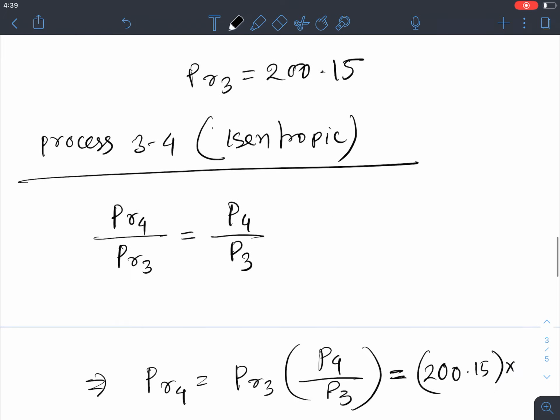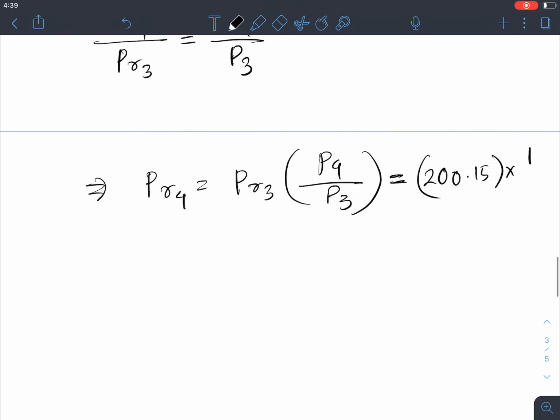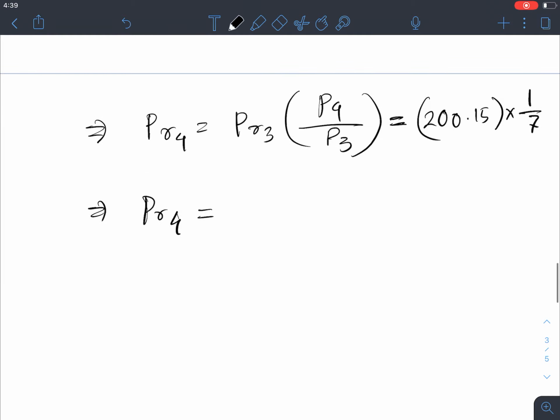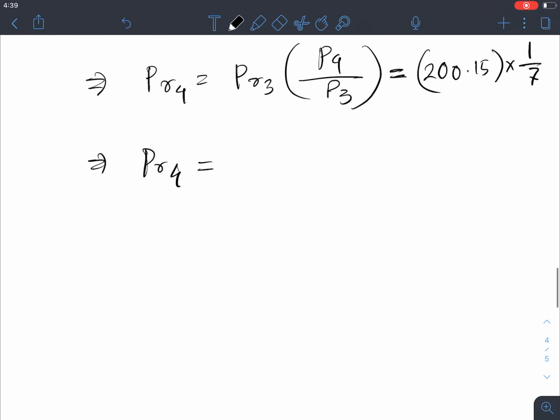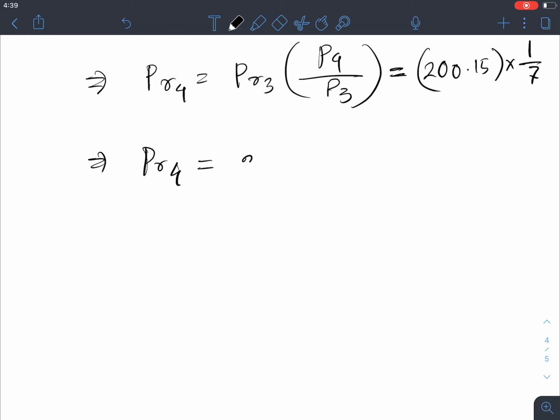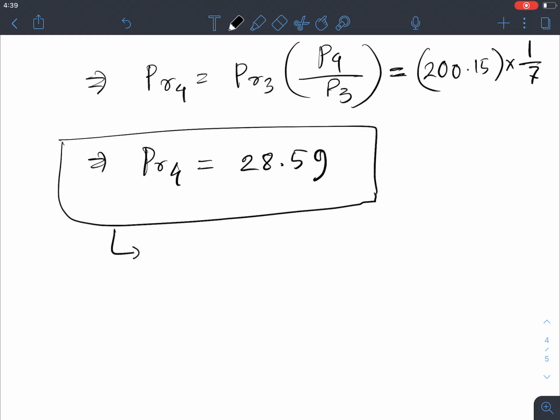So the pressure ratio is 7. However, P3 over P4 is 7, so P4 over P3 will be 1 over 7, right? So PR4 equals that.